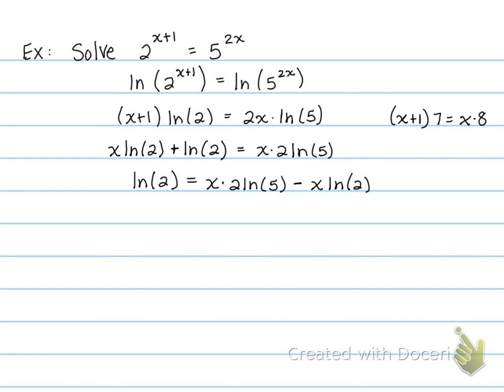Again, those natural logs are just constants. They're just numbers. And so in order to get x by itself, I'm going to need to factor an x out. So I have a single factor of x on the right. So natural log of 2 equals x times 2 natural log of 5 minus natural log of 2.